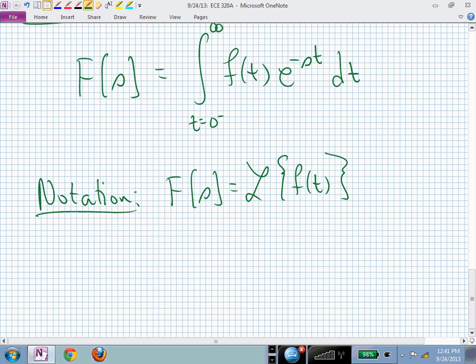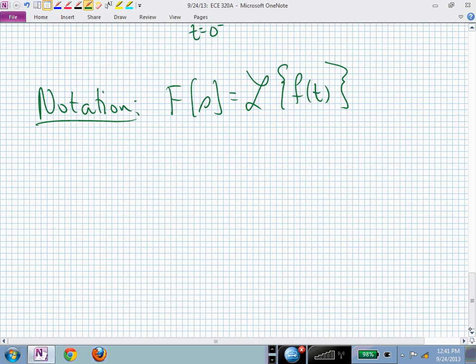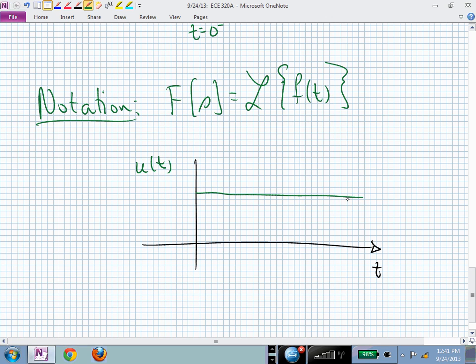Let's see how that works for a specific waveform in the time domain. And one that we use quite a bit is the unit step, which is equal to 1 for non-negative values of time. It's equal to 0 for negative values of time.